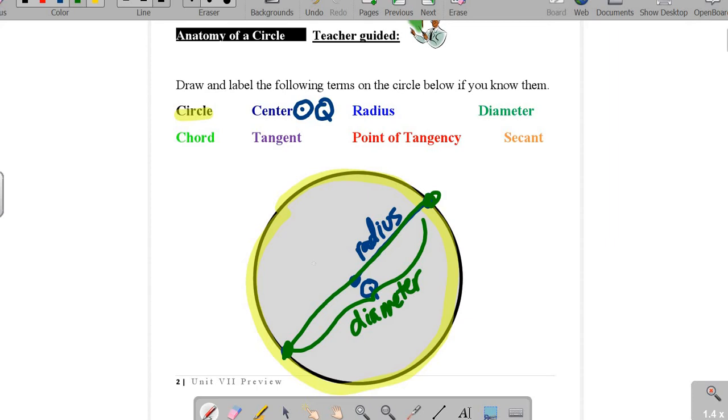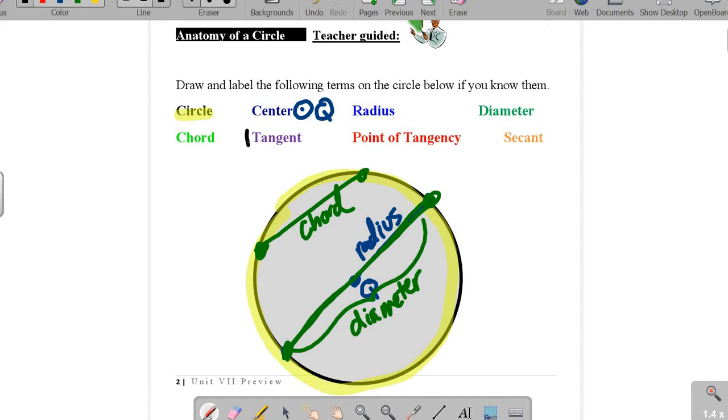That's a diameter. A chord is any segment with endpoints on the circle. So a diameter is a chord. It's the longest chord in a circle.